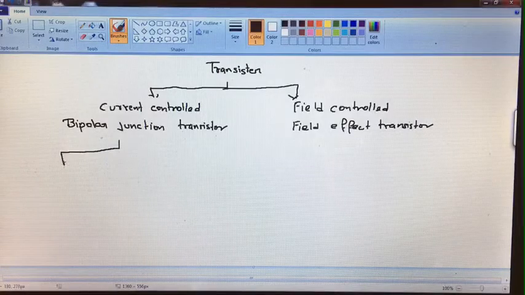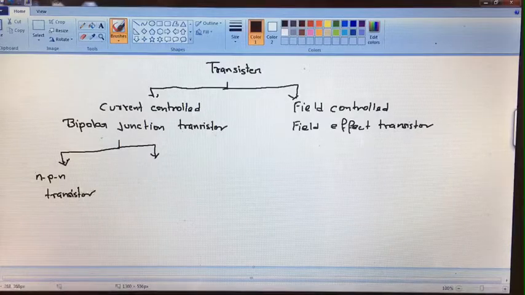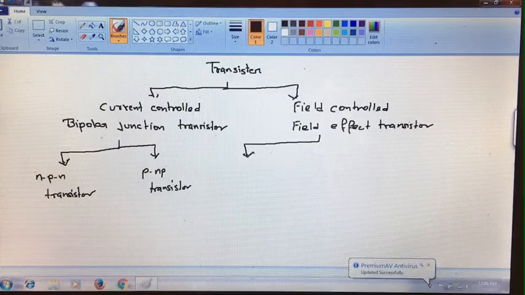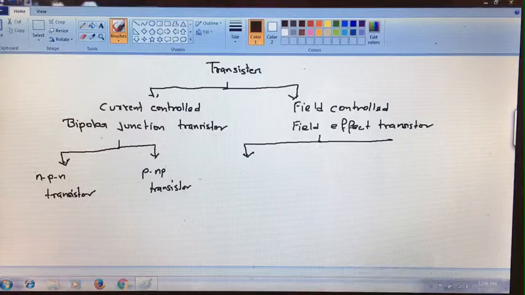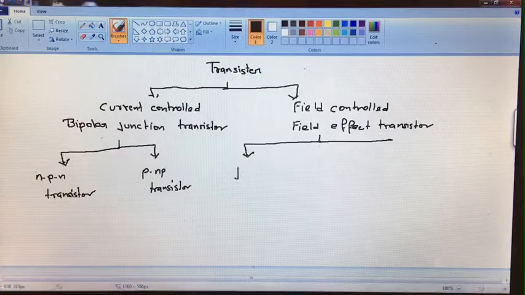BJT is of two types, NPN transistor and PNP transistor, while field effect transistor has several types like JFET, junction field effect transistor, MOSFET.